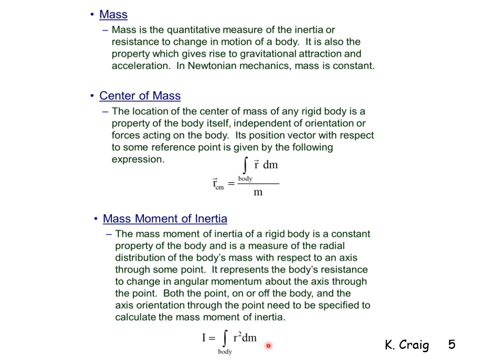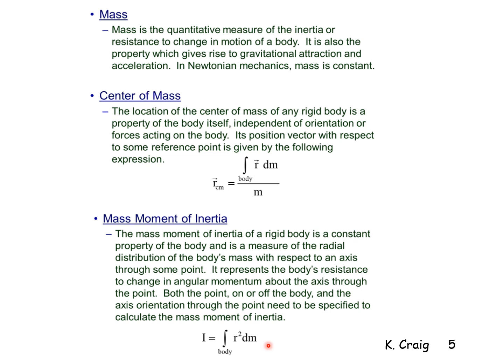We can calculate the mass moment of inertia of rigid bodies, but oftentimes we model rigid bodies as being made up of standard shapes: bars, discs, spheres, cylinders, for which the mass moments of inertia with respect to certain points in the body and certain axes through those points are given in tables.